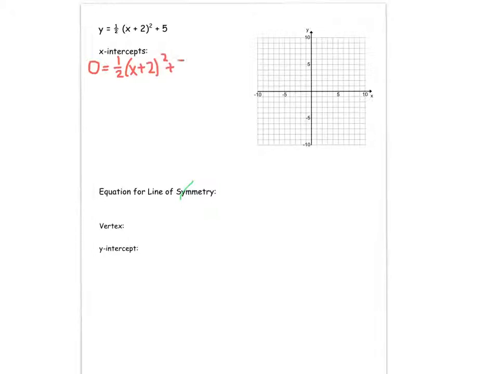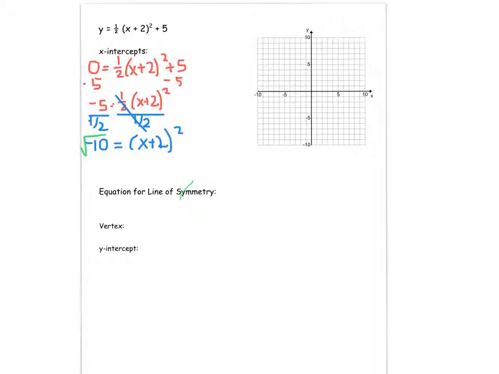And because we only have one x, we will solve by undoing. So the first thing we'll do will be subtract 5. And then divide by 1/2, not negative 1/2, 1/2. Remember, when you're dividing by a fraction, you actually get a bigger number, so that's negative 10 equals (x plus 2) squared.